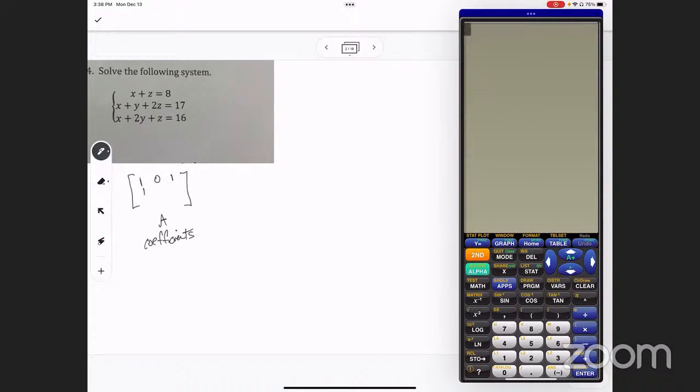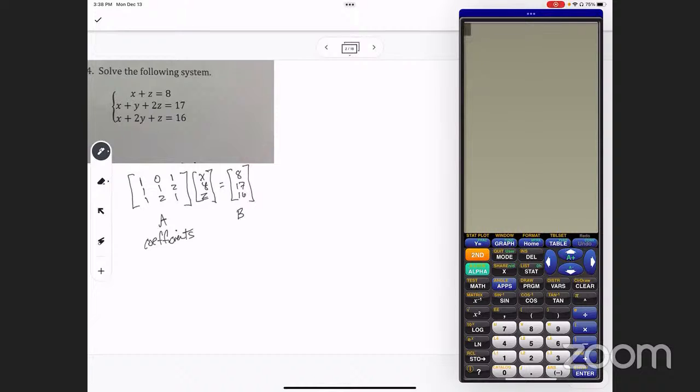You understand what I'm saying by that? Okay. And then you've got the variable matrix, which is x, y, z. You actually don't have to put that in anywhere. I'm just showing you. And then you have the solution matrix, which is 8, 17, 16. You see where I came up with those? So we're going to call that matrix B.